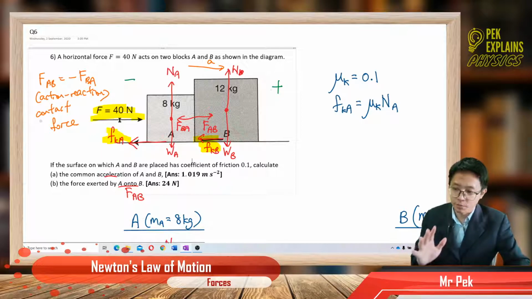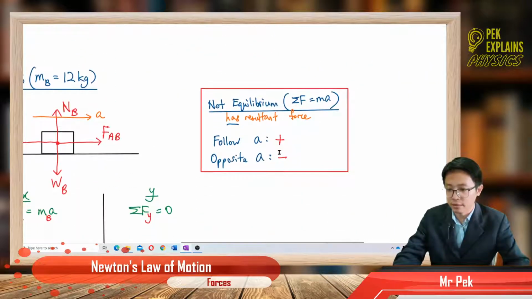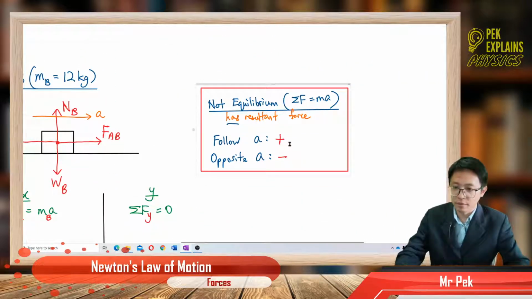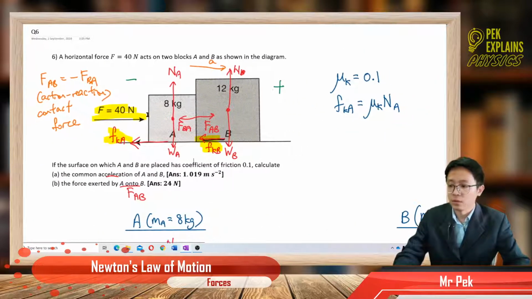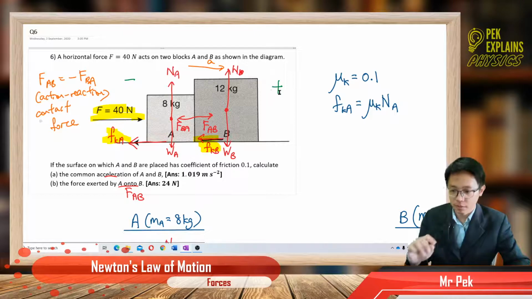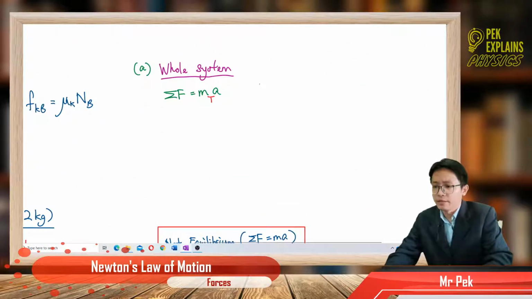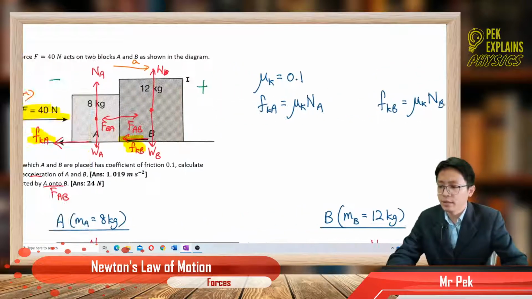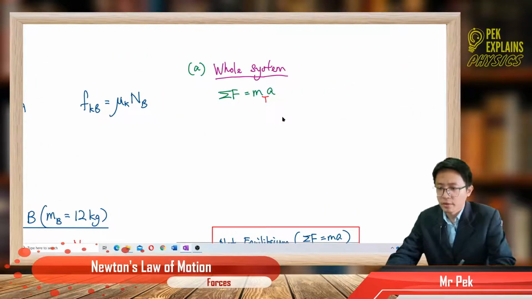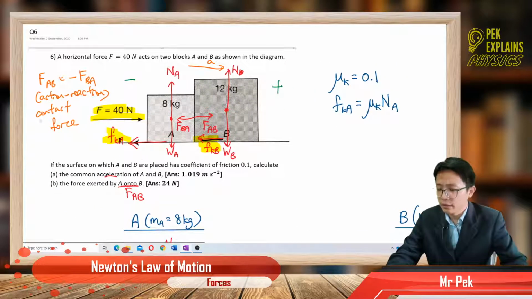External force is positive because it's the same direction as acceleration. Like I said just now, follow acceleration, positive; opposite acceleration, negative. So external force F is positive, but these two frictions are negative because they are opposite to the direction of acceleration. Let's write it down here. The positive one is the external force. The negative is both frictions, friction on A and friction on B.